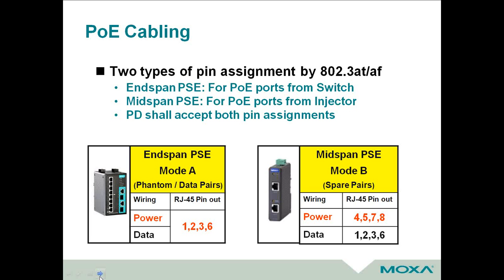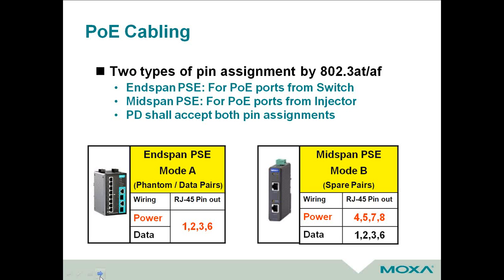But we have seen in the industry that several manufacturers have implemented products that only accept one type. So it would be a good idea to verify that the PD you choose to use, whether it's an access point, a camera, an HMI, or whatever, actually does have the ability to take both. And if it doesn't, figure out which mode it wants and make sure you plan accordingly.